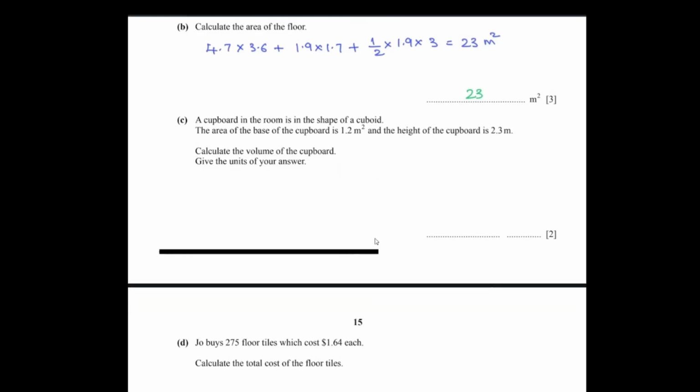Question C now. A cupboard in the room is in the shape of a cuboid. The area of the base of the cupboard is 1.2 meter square and the height of the cupboard is 2.3 meters. Calculate the volume of the cupboard, and give the units of your answer. Whenever you find the volume of a cuboid, you do length into width into height.